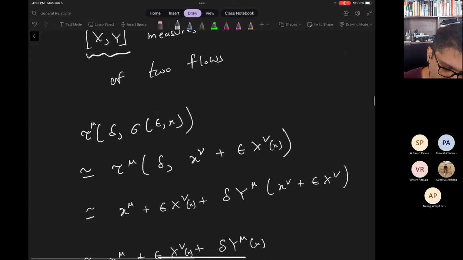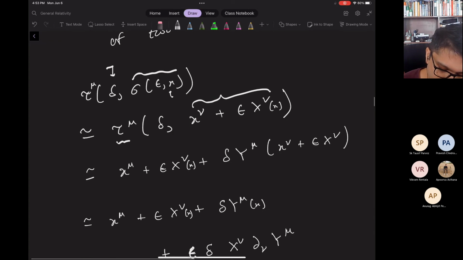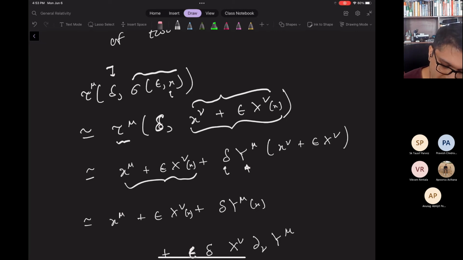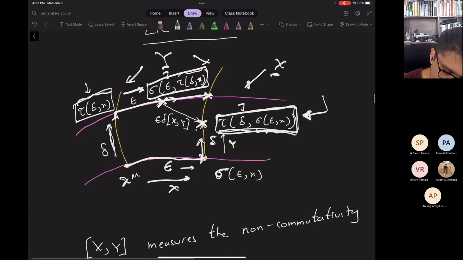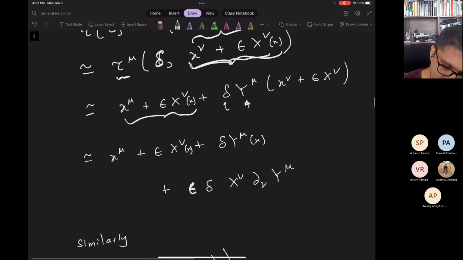So we want to flow starting at the point σ_ε(x), and we want to flow in an amount delta. But σ_ε(x) itself can be written as, if I started at x, the point x^ν plus epsilon X^ν. And τ^μ itself is going to be this point, which is my starting point, plus delta, which is the amount that I flow, times the vector Y^μ evaluated at this point, which is at σ_ε(x), which is x^ν plus epsilon X^ν.